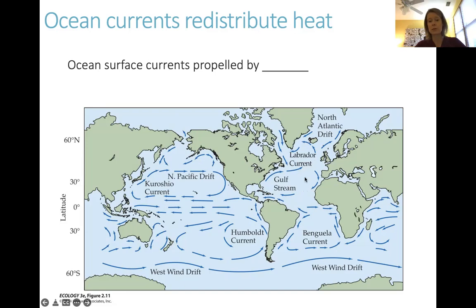So it's redistributing heat. The Pacific current is doing the opposite, bringing cold water down the west coast of the country. If you've ever been in the ocean off of California, even if you're far south, it's really cold compared to the Atlantic over here. So we've got warm water coming up, and the Pacific coast has cold water coming down from the northern reaches. Okay, so redistribution of heat is a big factor with the surface currents.